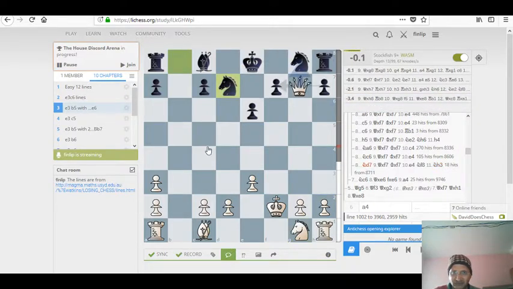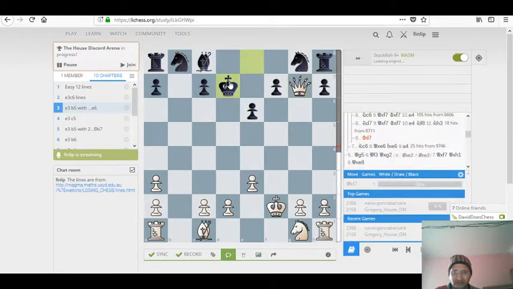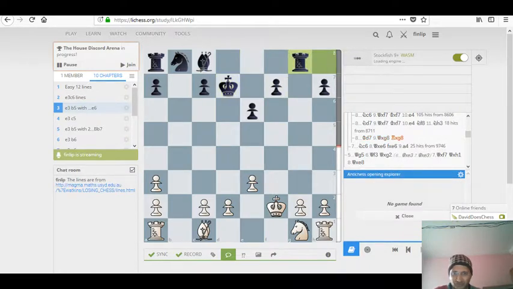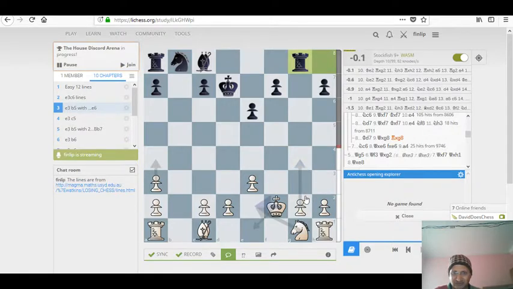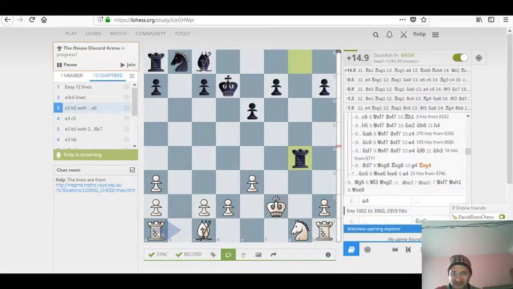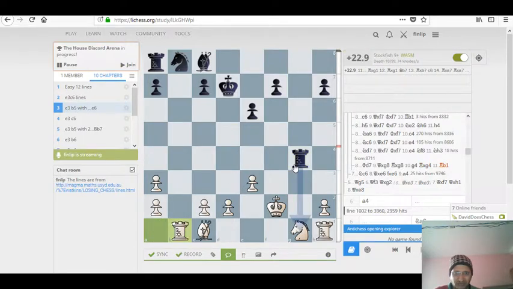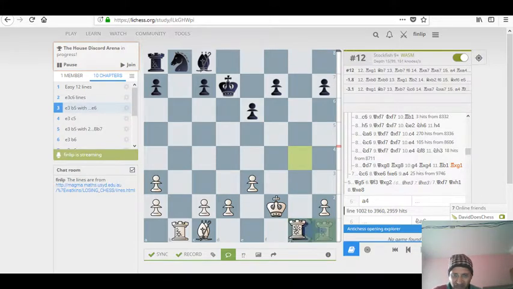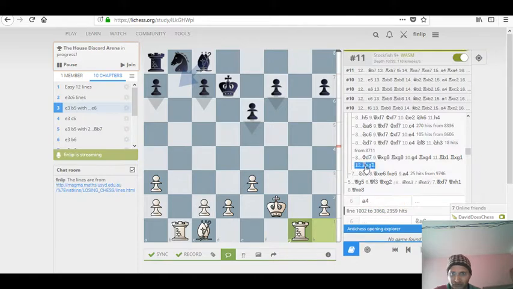Alright, so here instead of knight d7 we play king to d7, and after that move, the queen takes on g8, rook has to take on g8 as well, and then we play the move g4, rook takes g4 again, and then we just play the move rook to b1, rook takes on g1 here, rook takes on g1 here, and h takes on rook on g1 as well. So that is all about king d7.